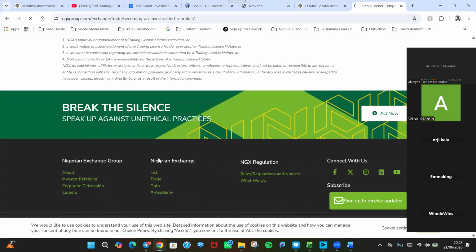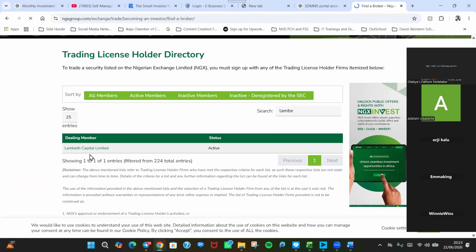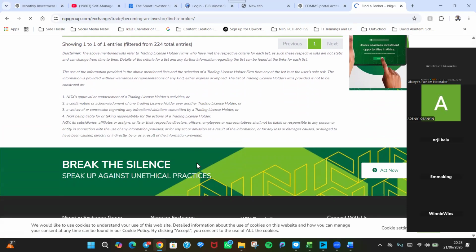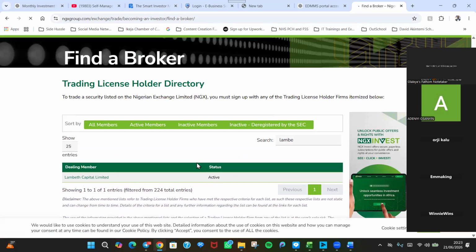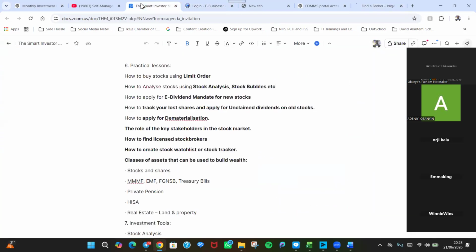Okay, that's fine, because on the CSCS website, it's Lambert that usually comes up if I want to put my CHN. So you now know how to check if a stockbroker is directly licensed or affiliated to another company.